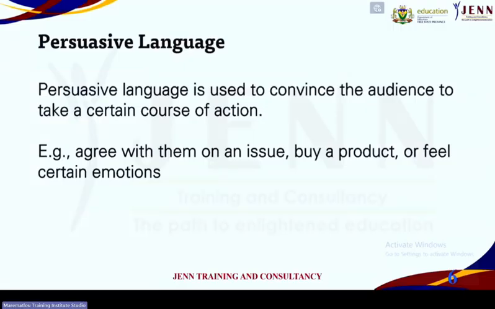I also want to remind you that today we also talked about persuasive language. We want to be able to identify when someone is trying to convince us to do something. Either they want us to agree with them, or they want us to see their product as the best, or they want us to feel certain emotions to help us to even evoke emotions out of us to manipulate us to buy something.